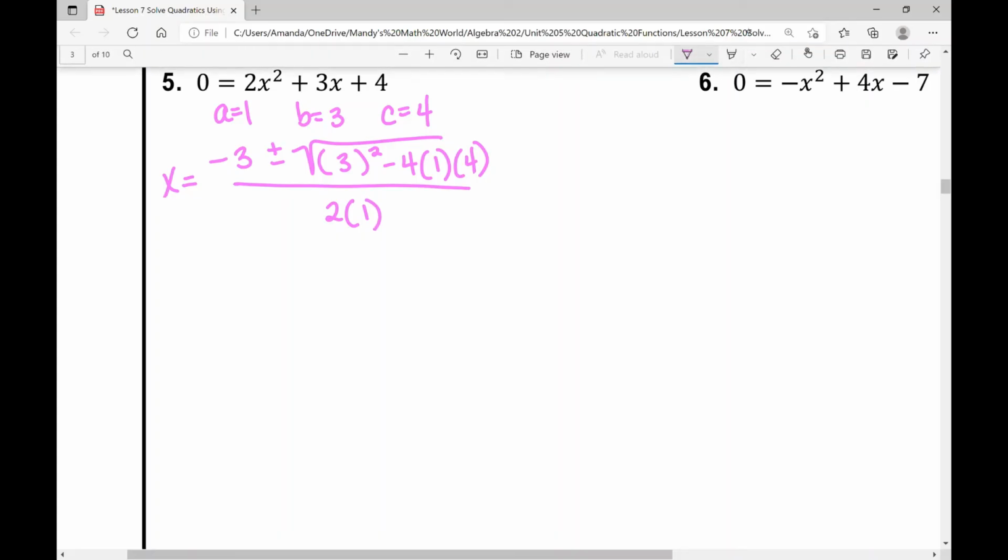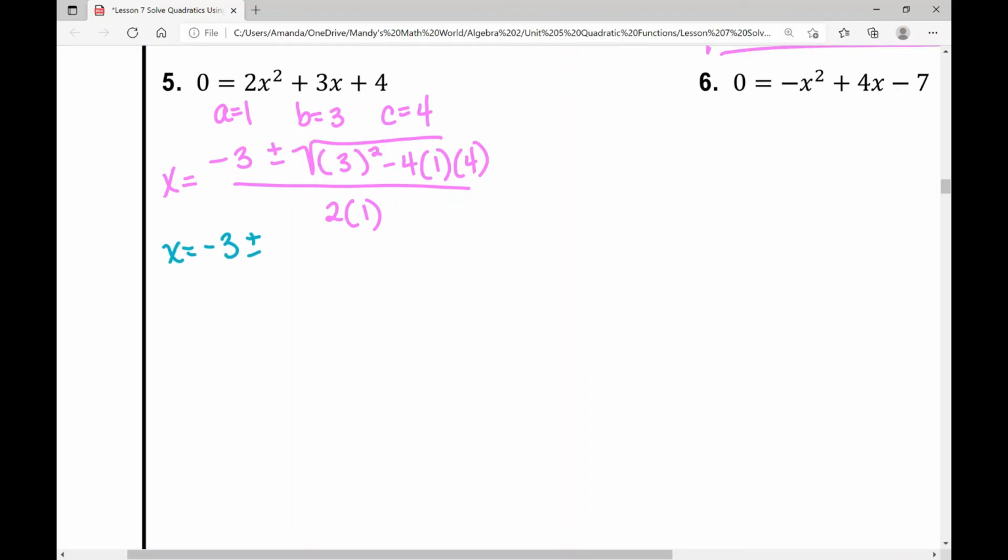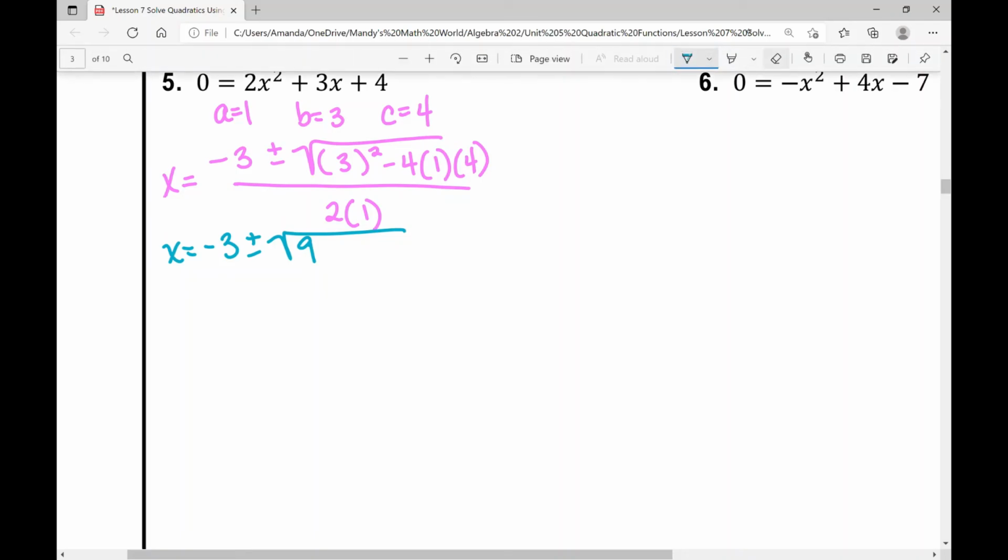And there we go. And now let's simplify the discriminant. So x equals negative 3, or find the discriminant if you will. The square root of 3 squared is 9. Negative 4 times 1 times 4 is negative, did I do that right? Again, that is not 1. That is 2. I didn't even identify it right.